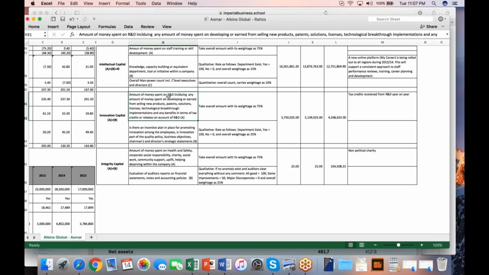Amount of money spent on R&D, including any amount spent on developing or earned from selling new products, patent solutions, licenses, and any benefits in terms of tax credits or rebates on account of R&D. Innovation's basic premise is research and development, right? That's why it is 70%.